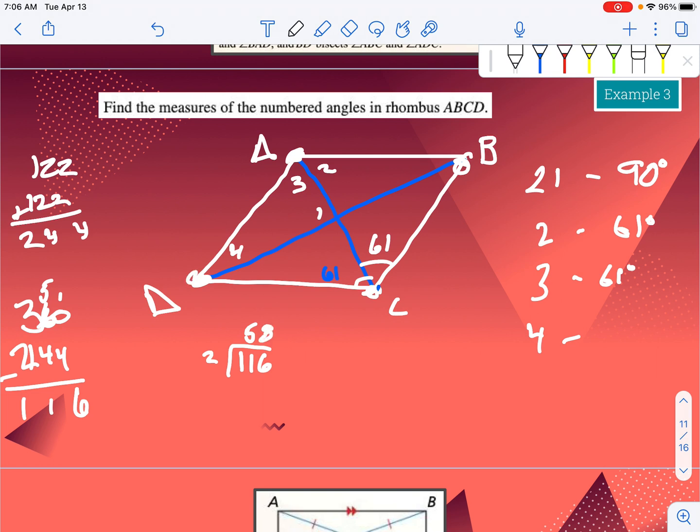That gives us 58 for the total measure of angle D and the total measure of angle B. And then to find specifically angle 4, we would need to split that in half, right? Because the diagonal bisects that angle. So 58 in half would give us 29 degrees.